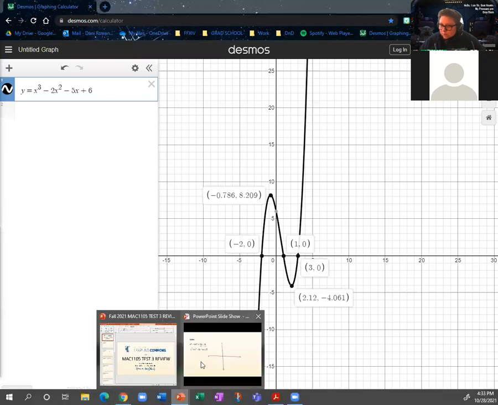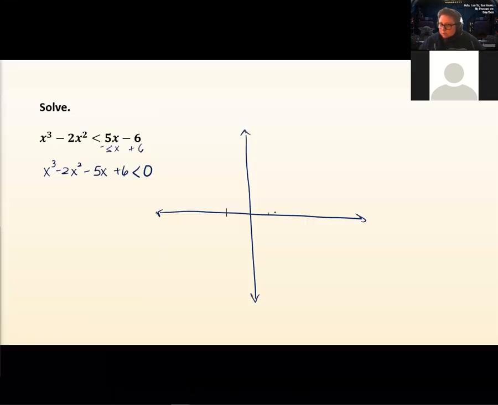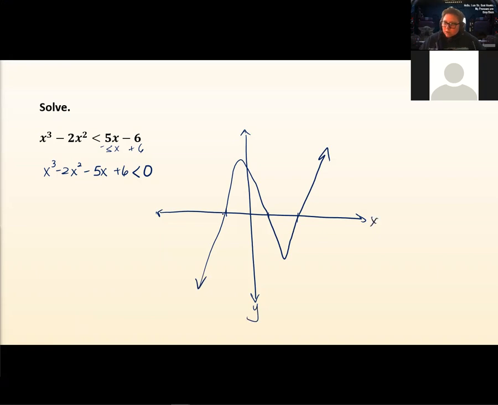So -2, 1, and 3. And it goes like this, and that, and that. Not perfect, right? Yeah, not perfect, but that's okay. It works.